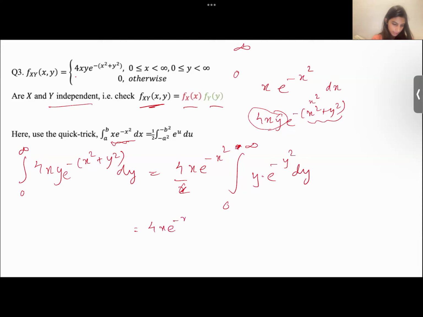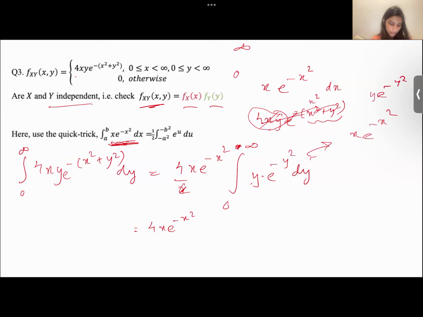4x e power minus x square. Now at this point you have the expression similar to this. Yeah, I was wrong in the beginning. When you break down this integral, you get an integral of this format. This is the same as x e power minus x square, you just have y e power minus y square, integral 0 to infinity.